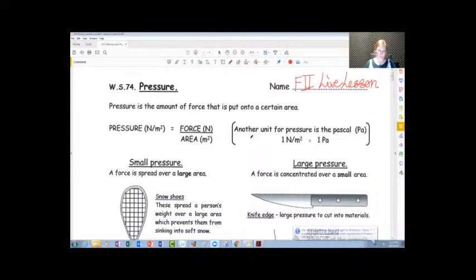Pressure is the amount of force that is put into a specific area. What this means is this is how hard something is pushing against a certain surface.